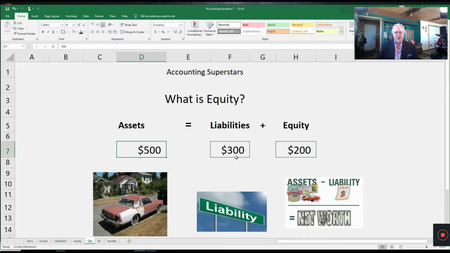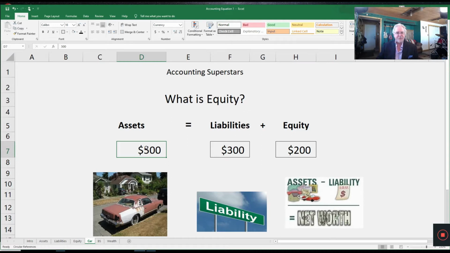And you owe the used car lot $300 for your car. All right, so that's the liabilities. So what this means is your equity in the car is $200. And it's just simply on the left-hand side, $500, and it's got to equal with the right-hand side, $300 you owe, so therefore equity must be $200.